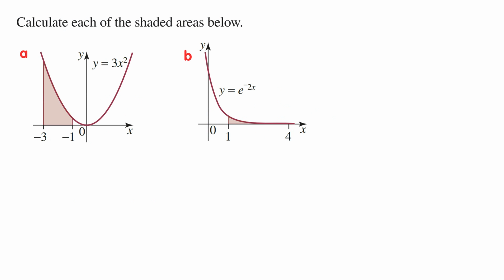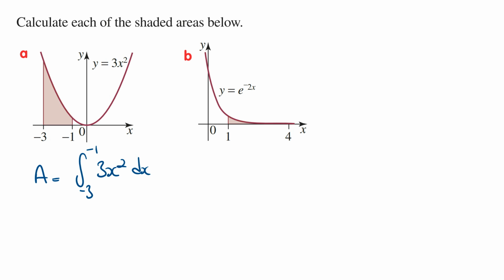Part A. We need to calculate the area of the shaded region. Notice that the curve y is equal to 3x squared is above the x-axis for the interval from -3 to -1. And so we can write the area as the integral from -3 to -1 of the function 3x squared dx.